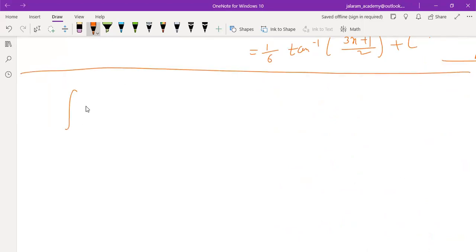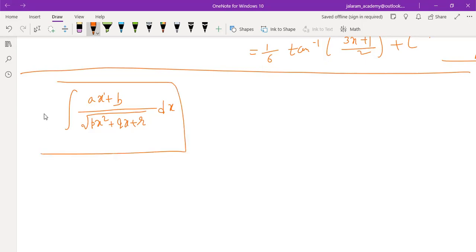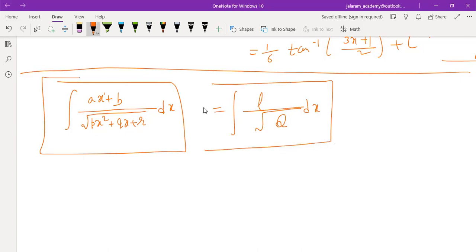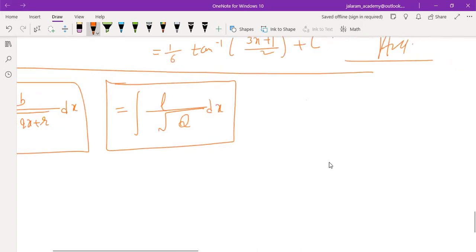Like if there is a linear term, meaning power of x in it is 1, and the denominator is a quadratic term inside the square root, px square plus qx plus r. To solve these types of terms, what should we do? We can represent it like linear upon square root of quadratic dx. Is that clear to you?